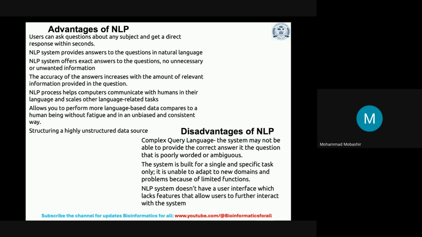NLP helps computers communicate with humans in their language and scales other language related tasks. It allows you to perform more language based data processing than a human being can, without fatigue and in an unbiased and consistent way. So, structuring a highly unstructured data source.